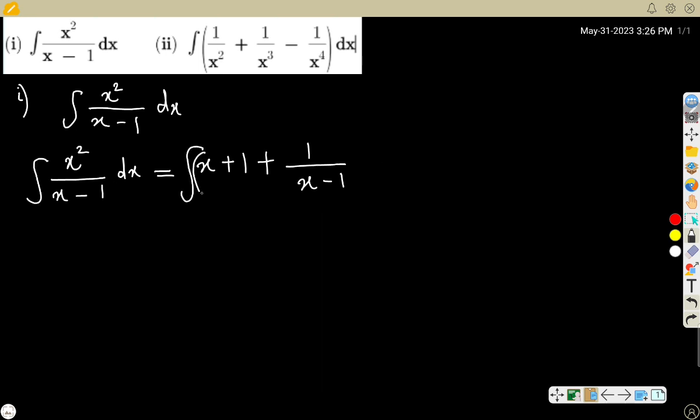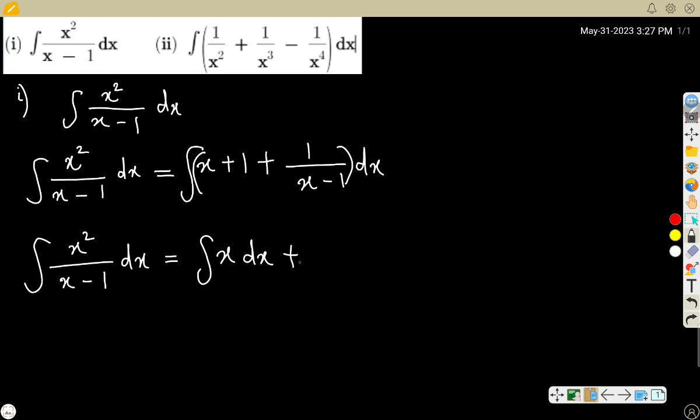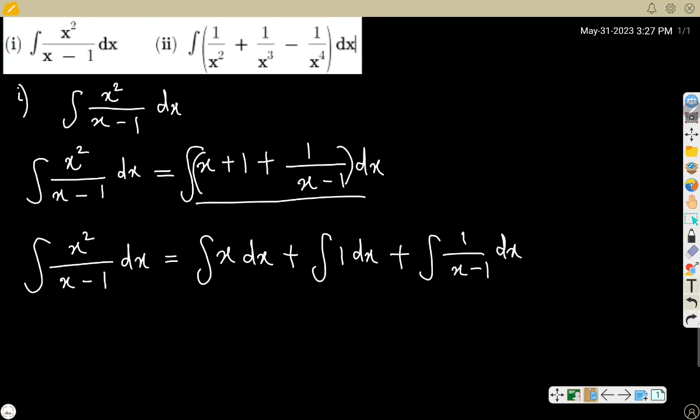So this will now be the integral of this dx. So this will become integral of x squared over x minus 1 dx is equal to integral of x dx plus integral of 1 dx plus integral of 1 over x minus 1 dx. So if you have turned it to this, you have used long division to change it, everything is now simple.